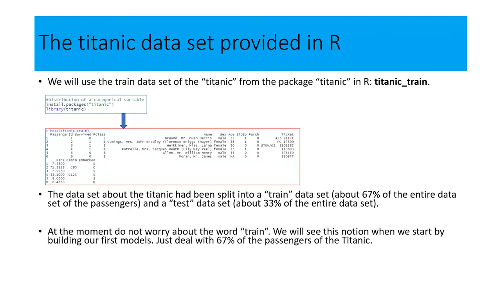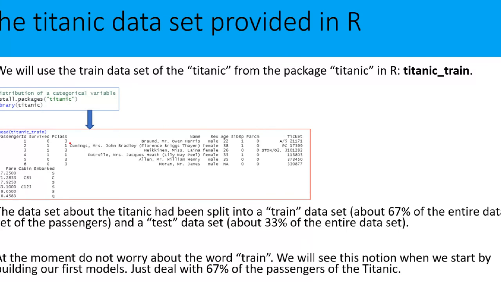So here I have the Pclass variable. The first row is passenger 1. He did not survive. He was from the third class. His name is this, he is a male, his age is 22, and so on. So the Pclass is 3.